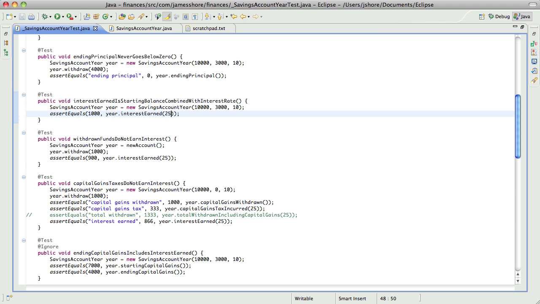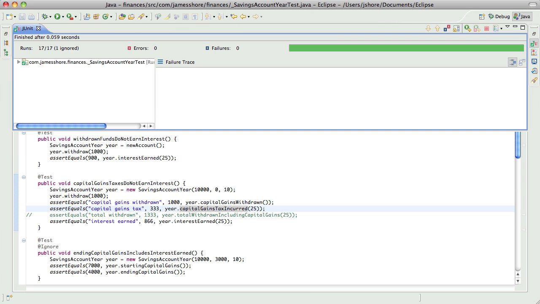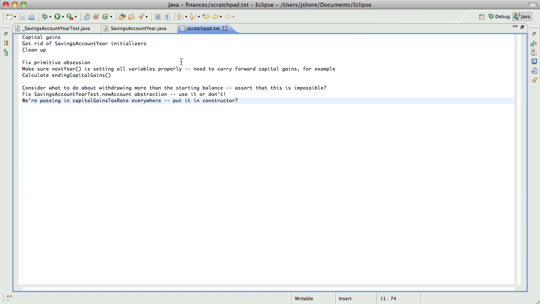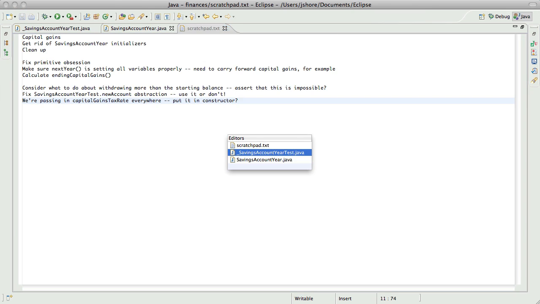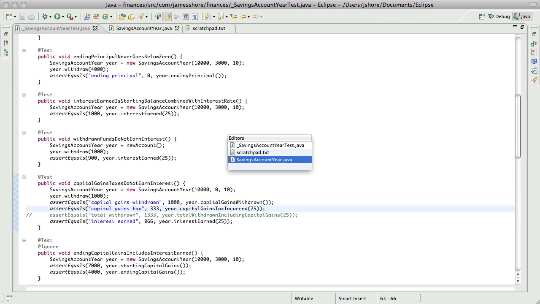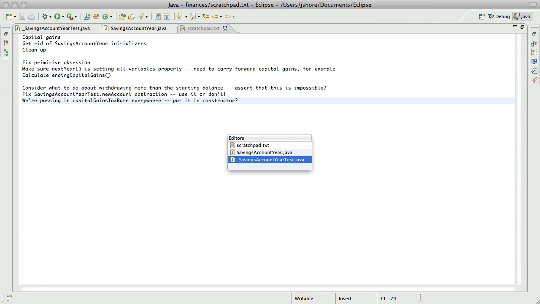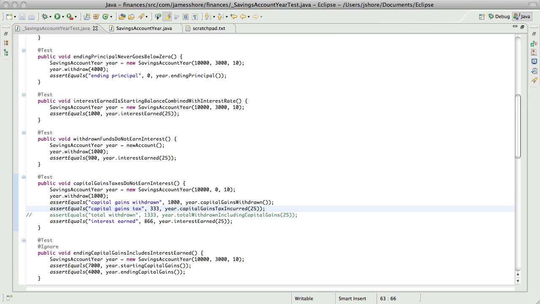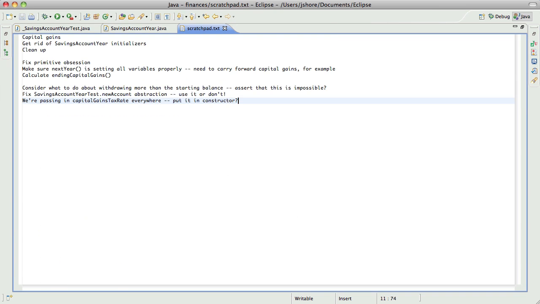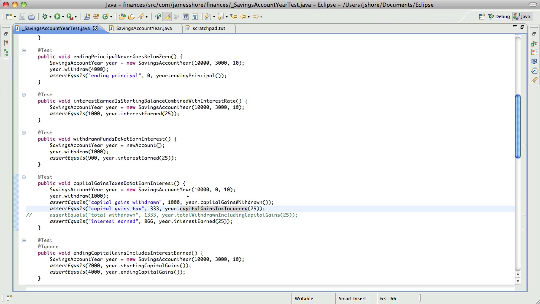Okay, so now that's working. Sorry, I'm trying to get these to pop back and forth properly, and it's just not happening. All right, so that's working.